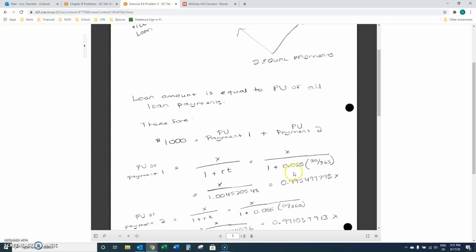We can work out this bottom portion to get this number, and then this part here is just basic math. It's nothing to do with the finance course that we're looking at here. So X over this is equal to 0.99 and so on, X.